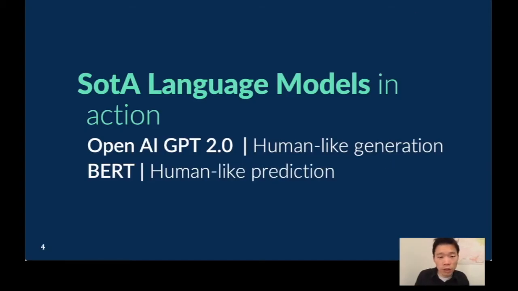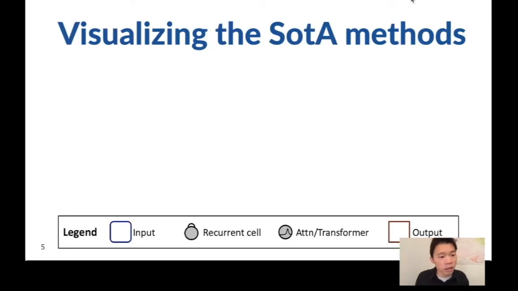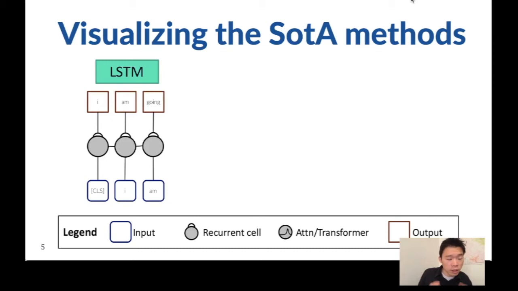All right, so we have an idea of what these state-of-the-art models look like in action. So what do they look like in terms of their architecture and the technical side of things? Again, not going to go into really fine detail, but the earlier models, the RNN models, here's one of them, the LSTM, standing for long short-term memory.